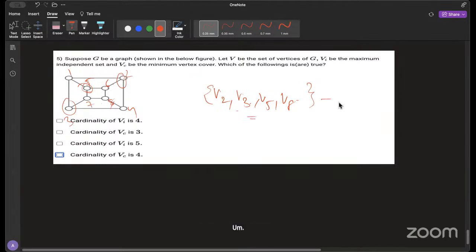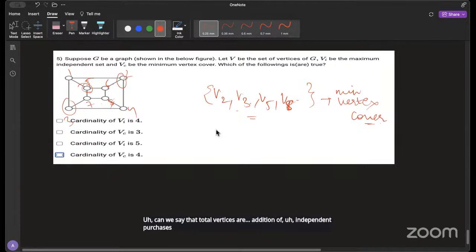Ma'am, this is a vertex cover and it's actually the minimum vertex cover. Yeah. Can we say that the total number of vertices is the addition of the independent vertices and the vertex cover? The total number of vertices, that's 8 here, right?